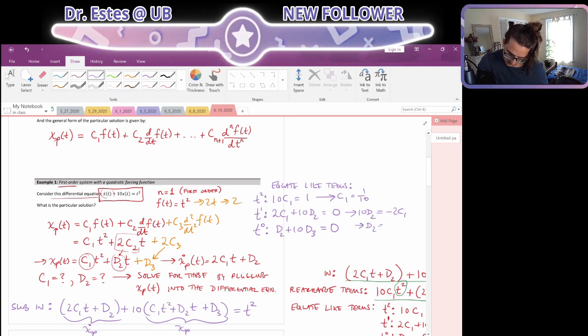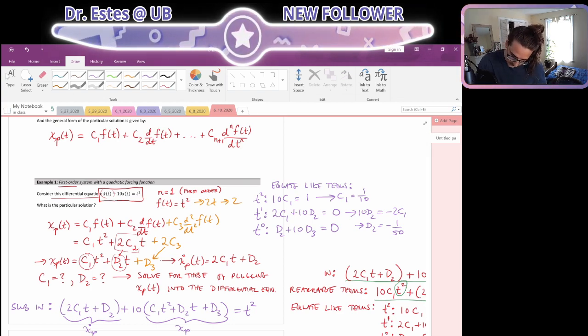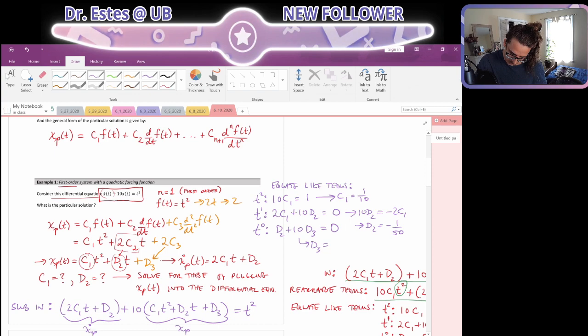So d2 equals minus 1/50th, because it's minus 1/5 times c1. So it's minus 1/50th. And then d3 equals minus 1/10 d2, which makes it 1/500th.